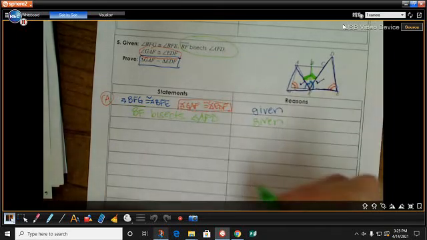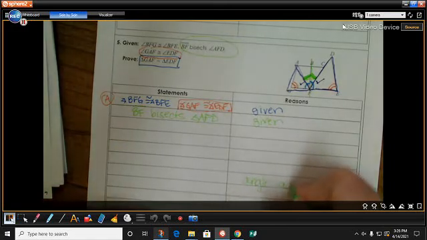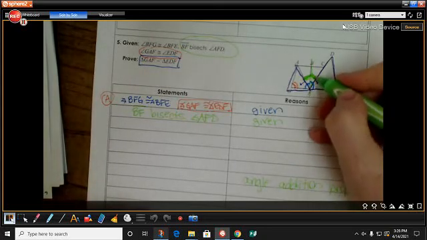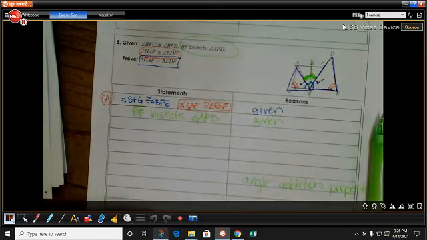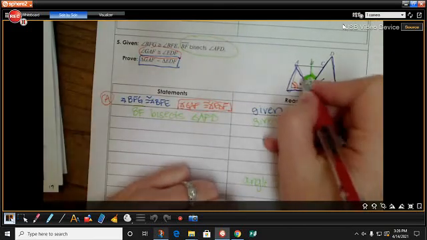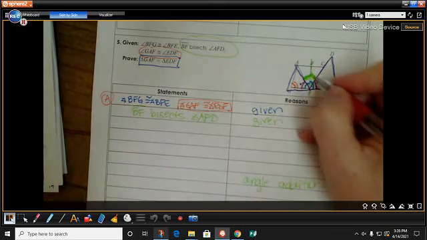And the clue I'm going to give you is your angle addition property. Somewhere in here, you're going to have to talk about how this big blue angle here is made up of smaller angles. It's made up of the green angles here and this red angle right here. Green and red makes blue.